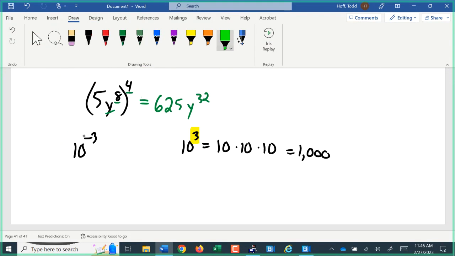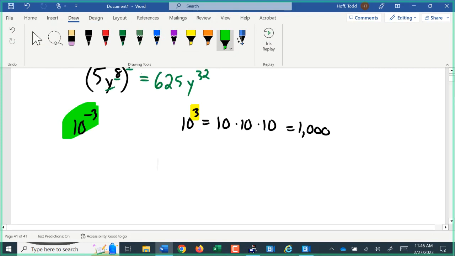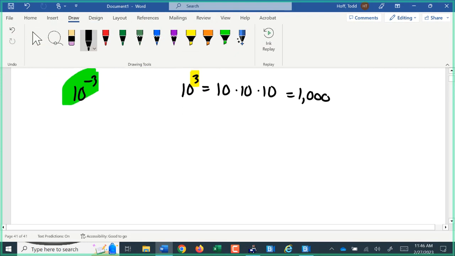So to figure out what this 10 to the negative 3 meant, we used that pattern. Remember, we did this for multiplying two negatives, and we've done it for other things where the basic definition doesn't make sense. But we find the pattern, we define the result of the problem to be the continuation of the pattern.